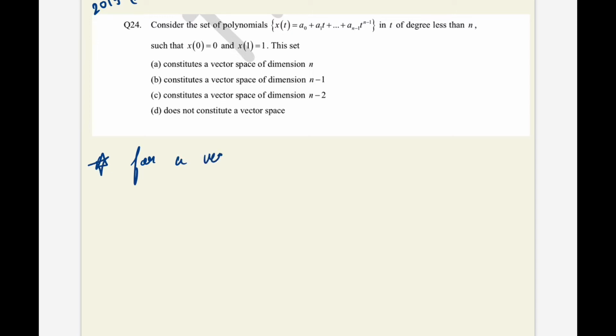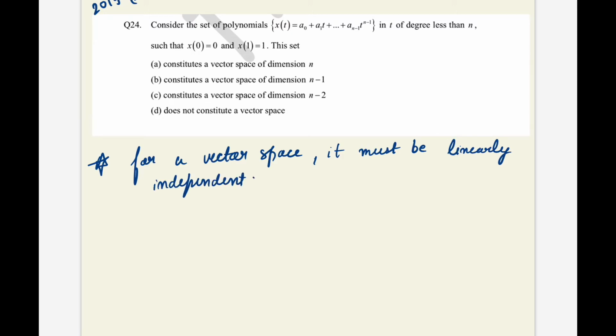For a vector space, it must be linearly independent. And by the fact of linear independence, we know that the coefficients must be 0.